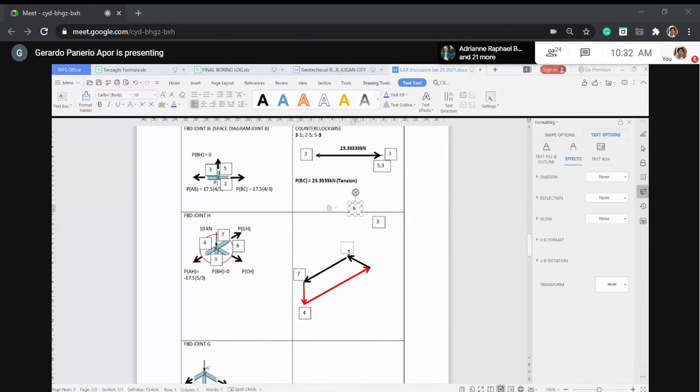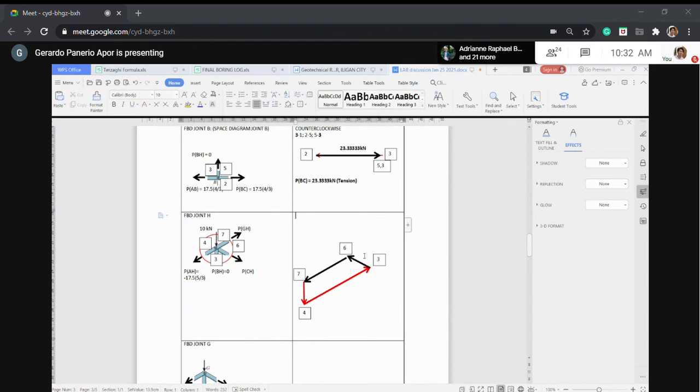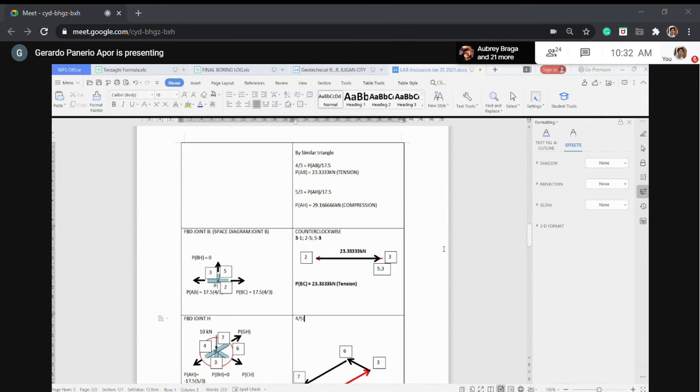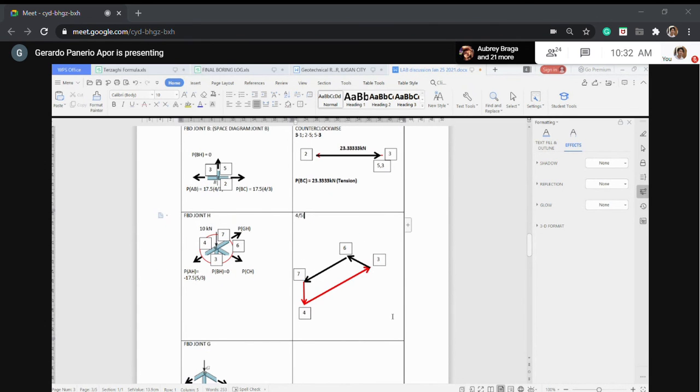So that's 6 and that is 3. The first equation is the sum of the horizontal forces, like the horizontal component of that is 4 over 5 times 29.16667. Okay, that's the horizontal line.